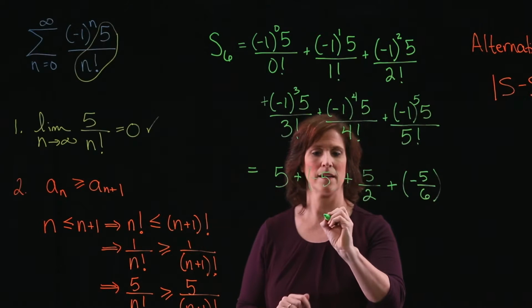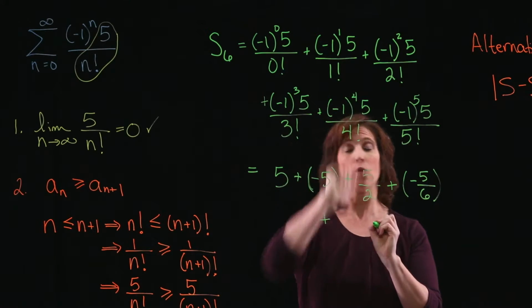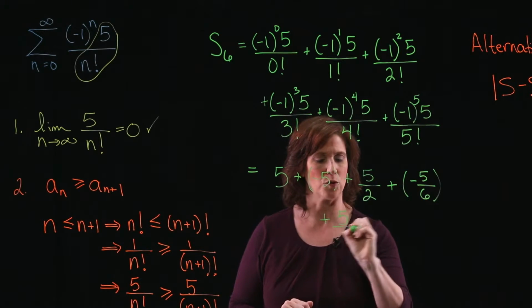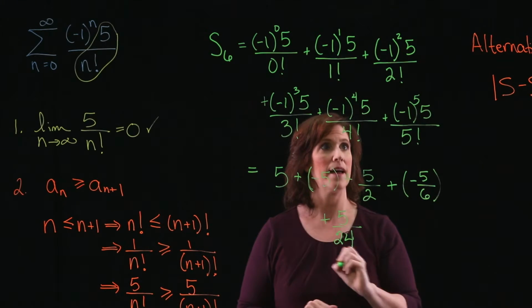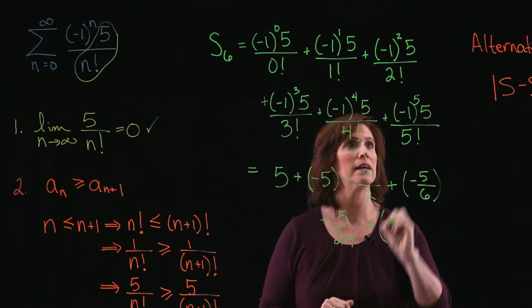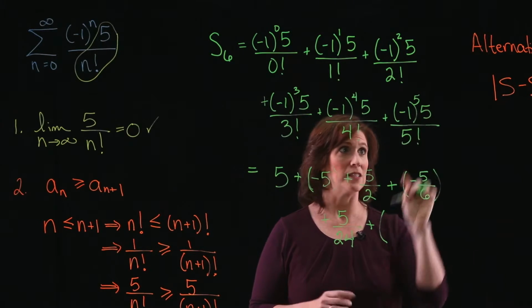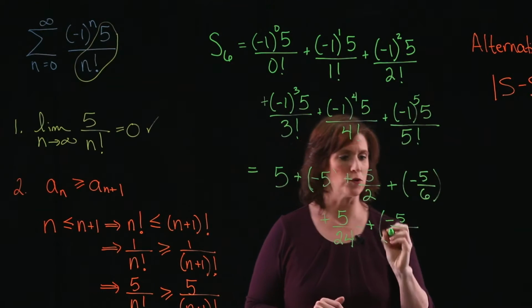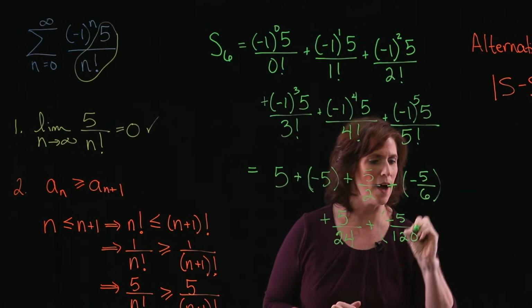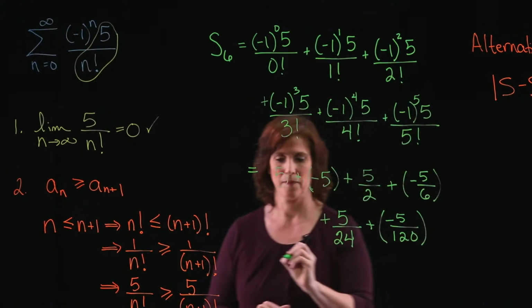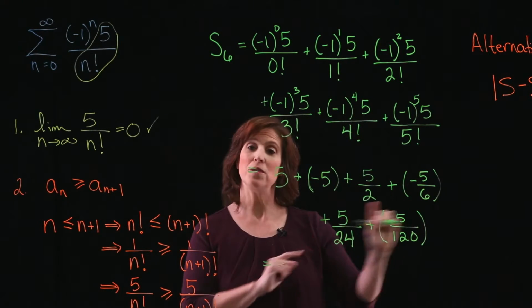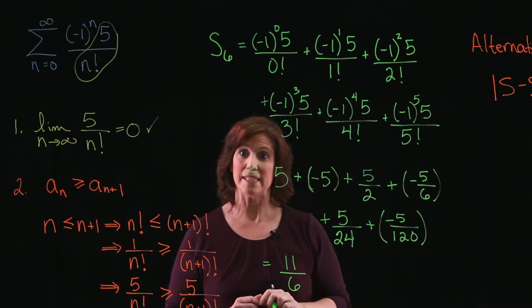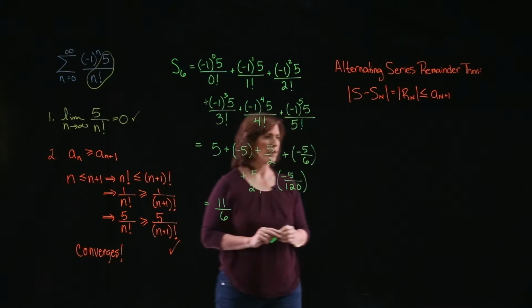The next piece, negative 1 to the fourth power is a 1. My numerator is a 5. And 4 factorial is 24. And then the last piece, negative 1 to the fifth, that's a minus 1 times 5, so I've got a minus 5, all over 5 factorial, which is 120. If we do the arithmetic here, we end up with 11/6 for my sum.